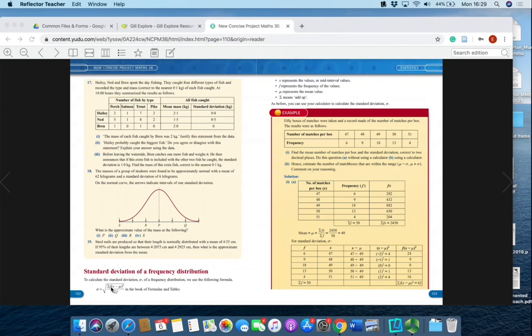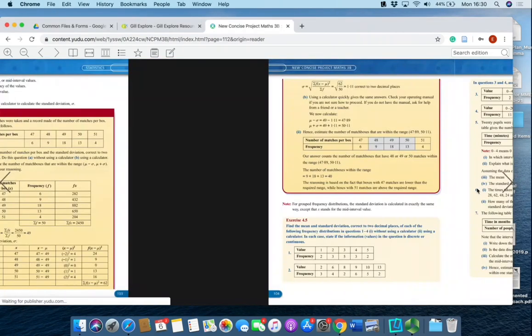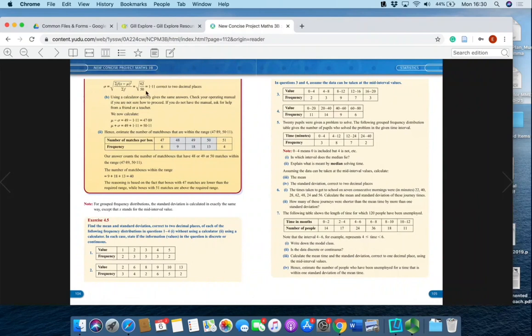It's just the frequency part. So what's happening here is they're multiplying that 6 by the difference 4. So you have 6 boxes with a difference of 4 to give you 24. In this case you have 9 boxes of matches with a difference of 1, so that's 9. You've 18 boxes with the difference of 0, so that's 0, and so on and so forth. Add them up and divide by 50 again.